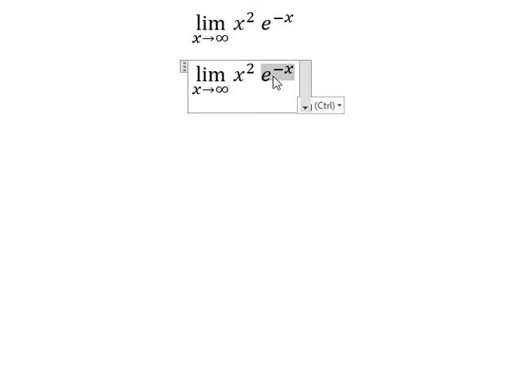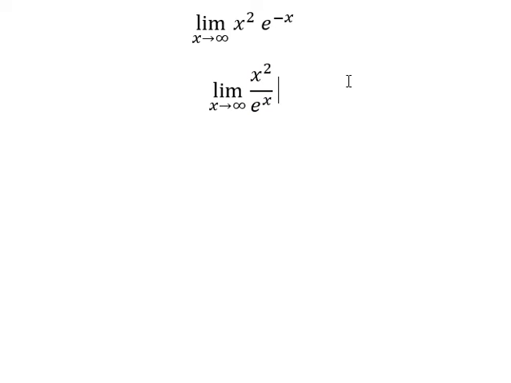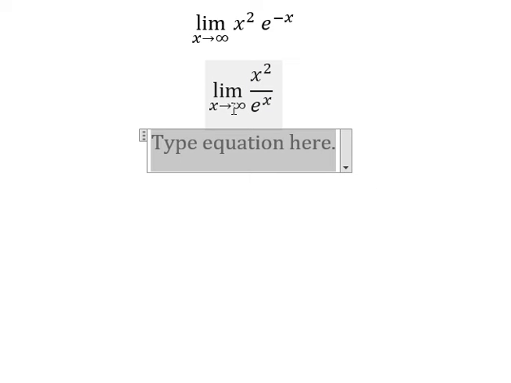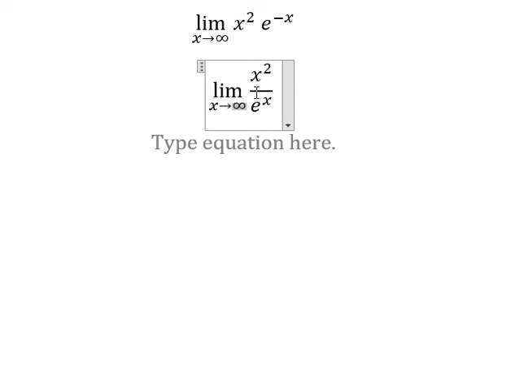About this one, I can put it into s squared over e to the power of s. Next, when s approaches positive infinity, this one will go to positive infinity, and this one will go to positive infinity.